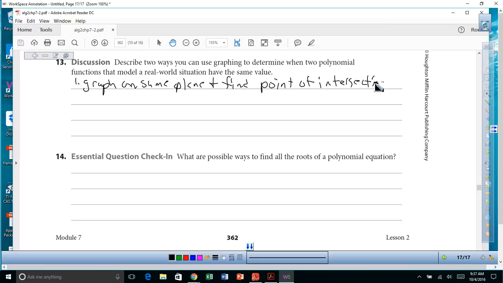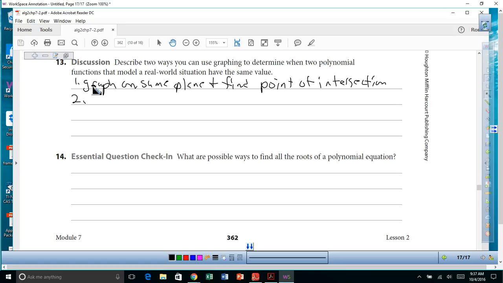That's one way. The other way is you can combine them. You can find the difference between them, and then where they cross the x-intercept is where the x value of the point of intersection will be.